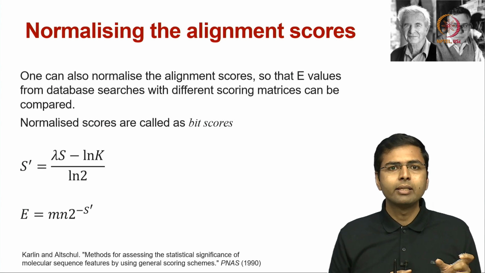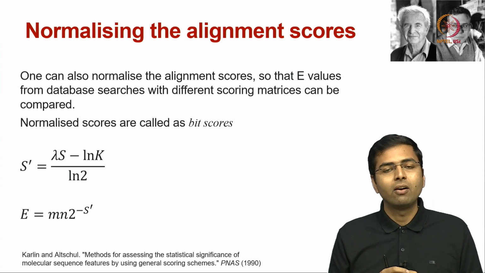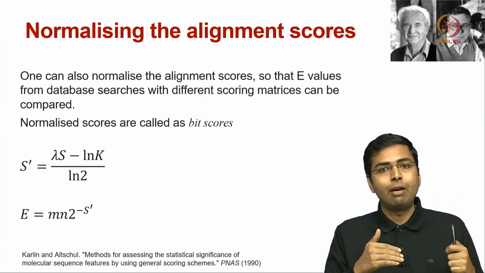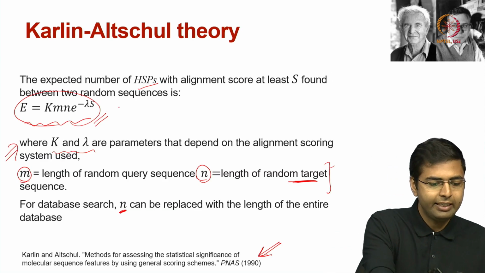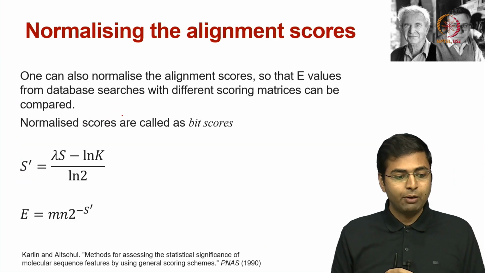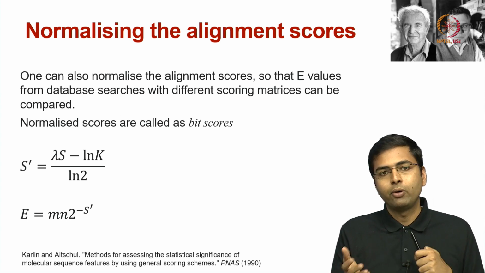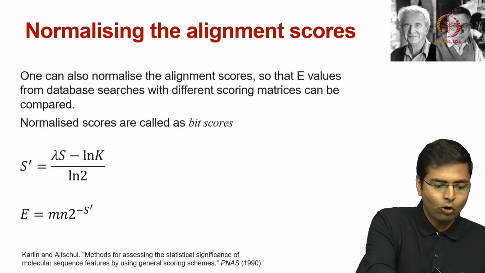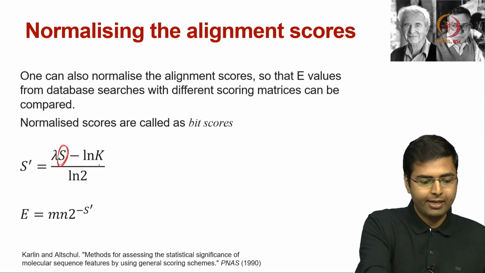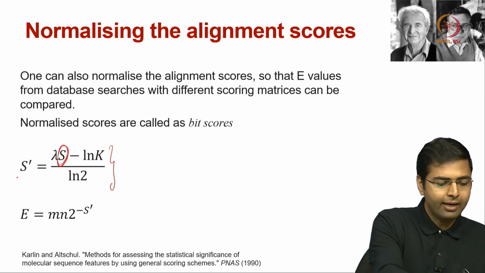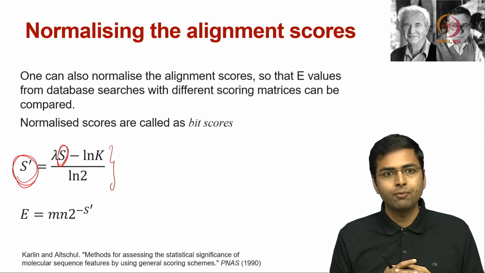Now it also turns out that we can normalize the alignment scores. Normalizing the alignment scores may be helpful, because I can then compare the E values between database searches where I am using different scoring matrices. So in that case, I can normalize my score based on the lambda and K parameters, and I can obtain a revised score which is commonly referred to as bit score in the literature.